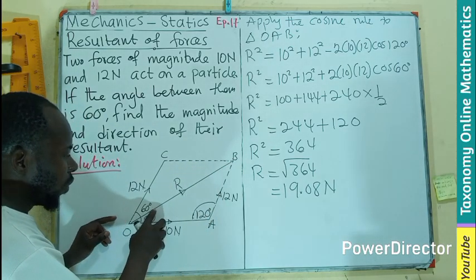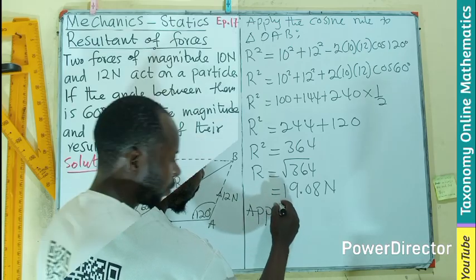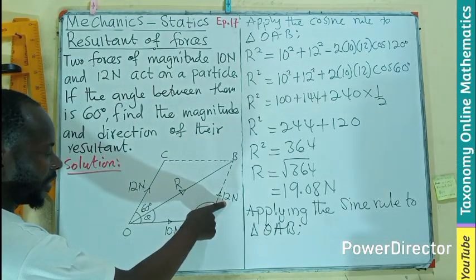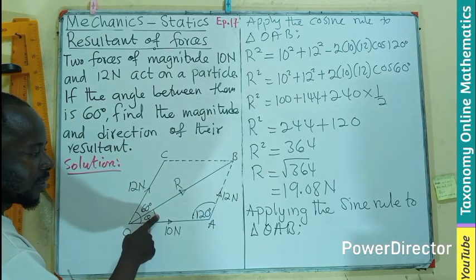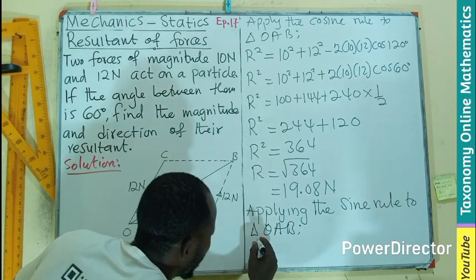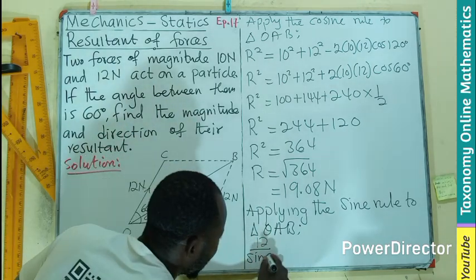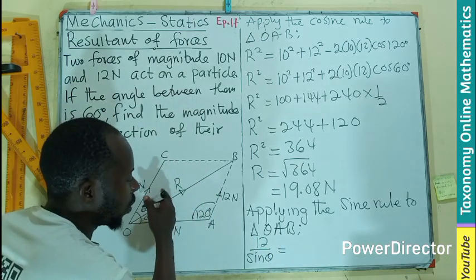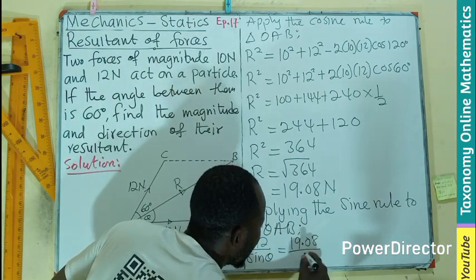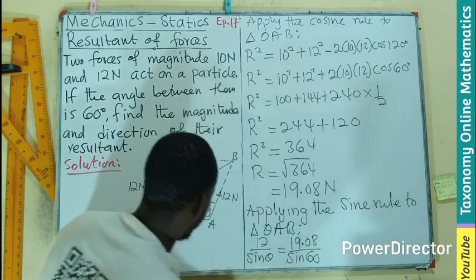We need to also know the direction, so we need to apply the sine rule. Remember, this over the sine of this equals this over the sine of this. So we can have 12 divided by the sine of theta equals the resultant, which we know as 19.08, divided by the sine of what? 60.